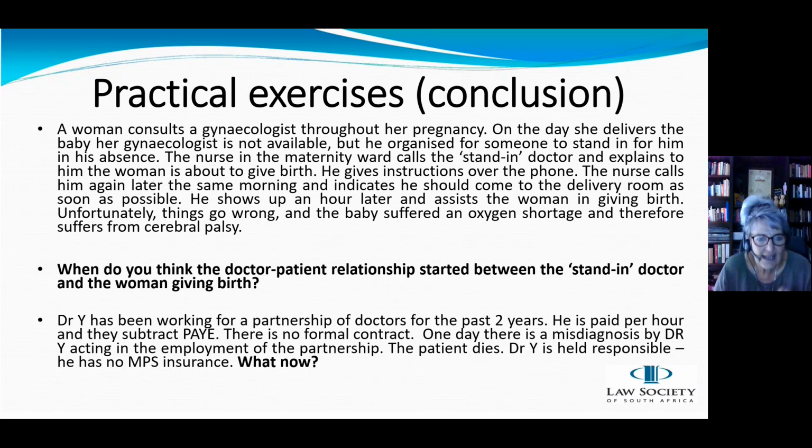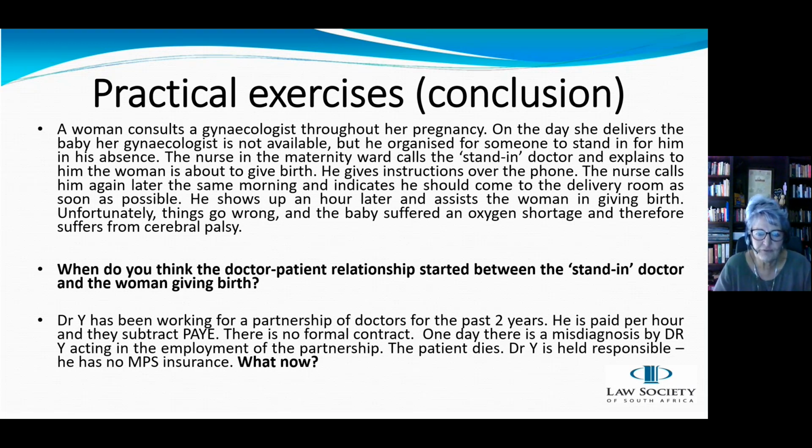So he has been working for them for the past 2 years. He gets a salary and they subtract tax. And that is an indication of an employee. If you do the test that you've learned in labor law, when is a person an employee or an independent contractor, then you will see if you are paid a fixed salary and tax is subtracted on a monthly basis, then it is more or less an indication that that person is an employee.